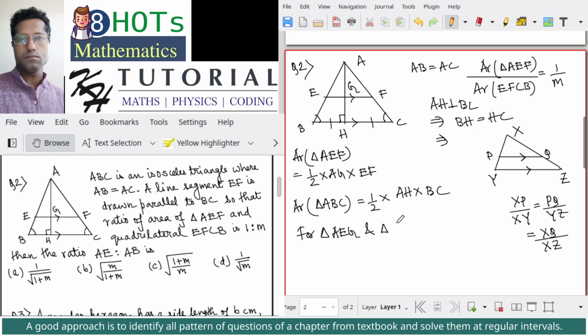Applying the same concept, since EF is parallel to BC, we will also have EG parallel to BH. So we will have AE by AB equal to EG by BH equal to AG by AH.